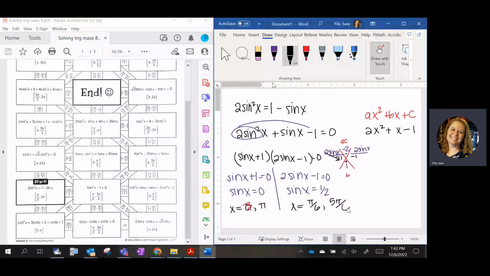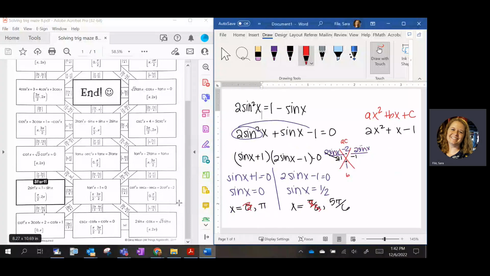But again, the interval that it's asking for the answers on is between pi halves and 2 pi. So it doesn't want quadrant 1 answers. So again, I'm not going to use this answer. So the only solutions I'm getting for this one are, oh, I see, 5 pi 6.